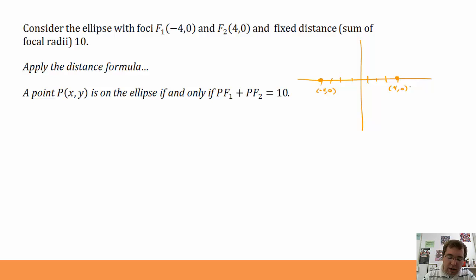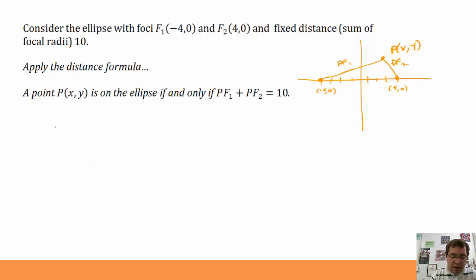If a point P, let's say that point is P, x comma y, is on the ellipse, only if the distance from P to F1, which is PF1, plus the distance from P to F2, which is PF2, is 10. So I can apply the distance formula for each of those two distances.